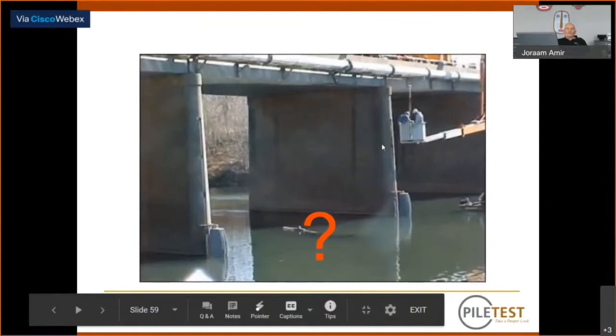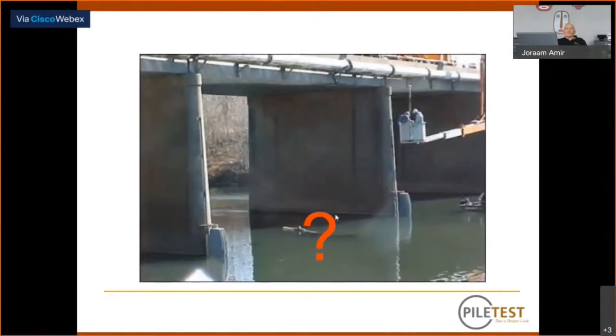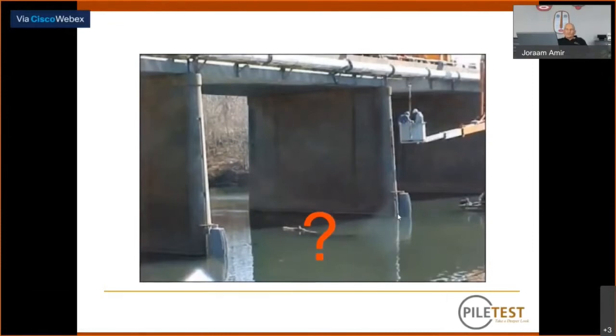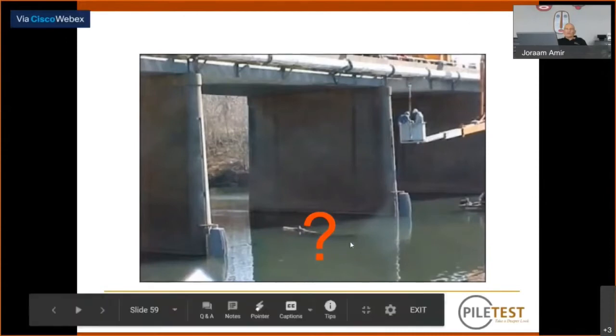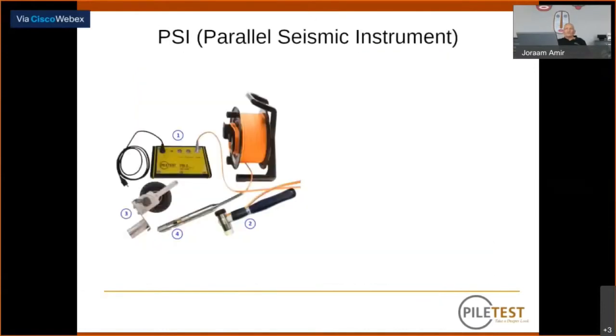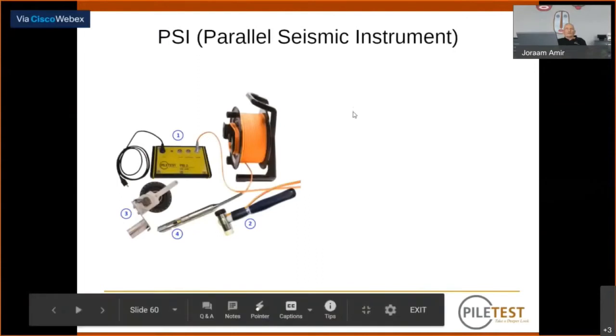But of course, this bridge is founded on certain foundations. We don't know what kind of foundations there are. They may be deep foundations, they may be shallow footing foundations, we don't know. So the PSI, the parallel seismic method, is supposed to check the depths of these piles.